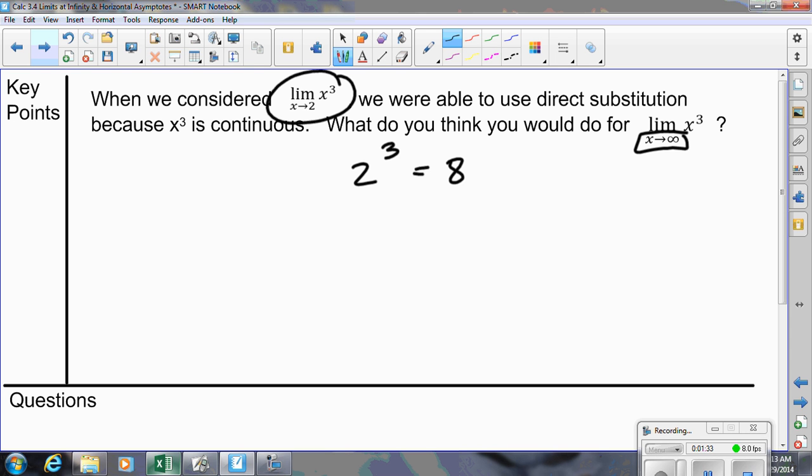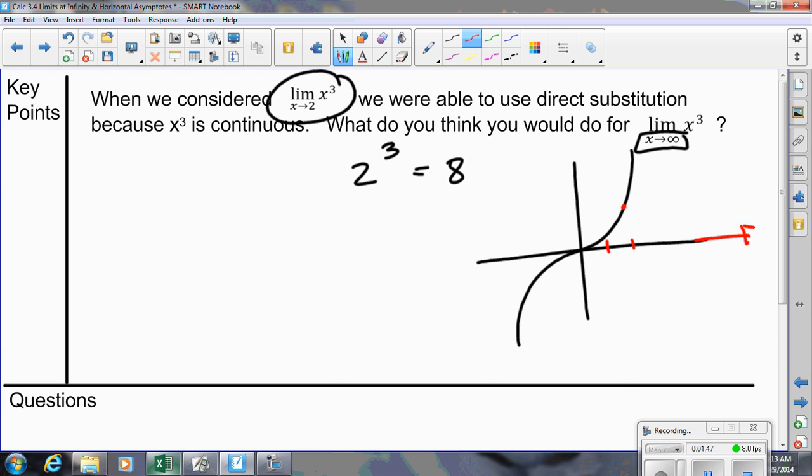The big difference is when we're looking at a graph like this for x cubed, we are no longer saying with this section what's happening when x is approaching 2. We're saying as you get farther and farther out to the right for positive infinity, what is happening to the y value as you go farther and farther right on the graph.